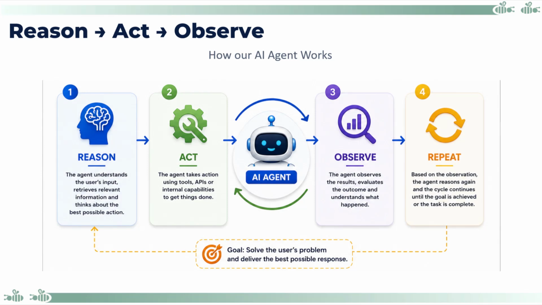In our case, it reads the customer policy from the CSV file. And finally comes observe. The tool returns the result. The LLM receives that result and converts it into a professional response for the customer. So this is the foundation of almost every modern AI agent. Whether you are using OpenAI, Anthropic, Amazon Bedrock, or any other platform, the basic pattern remains the same.